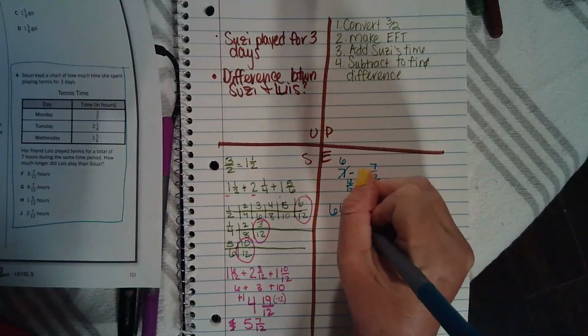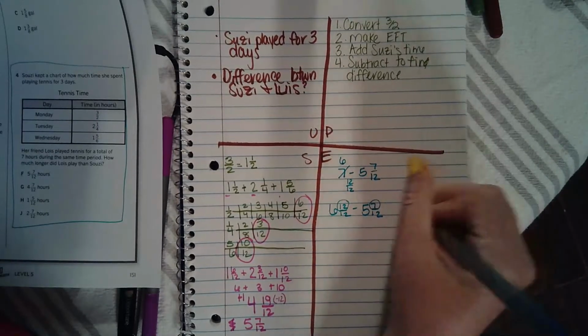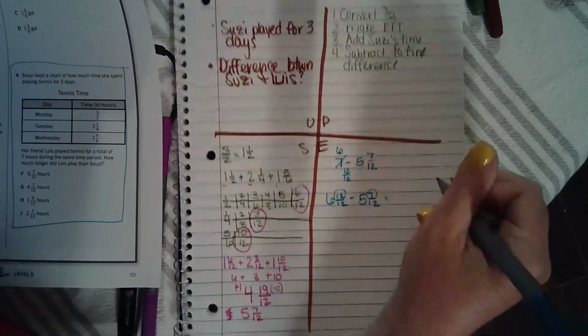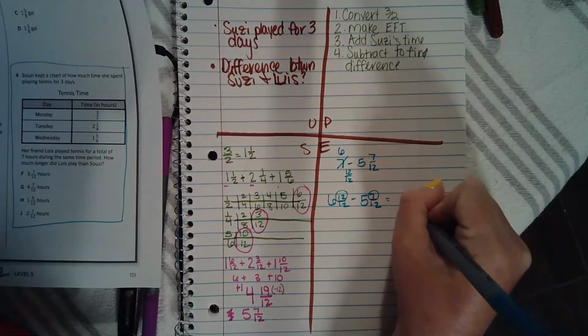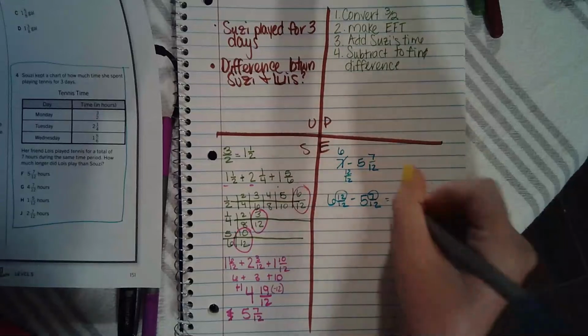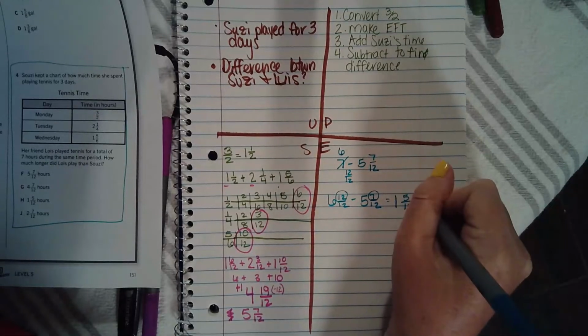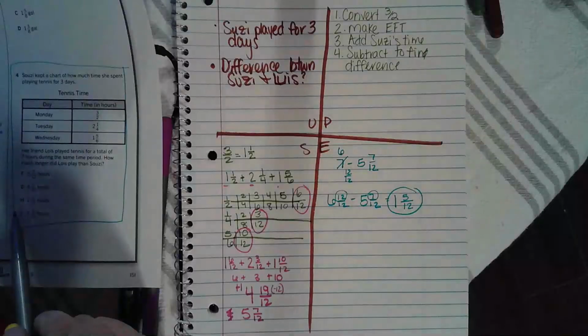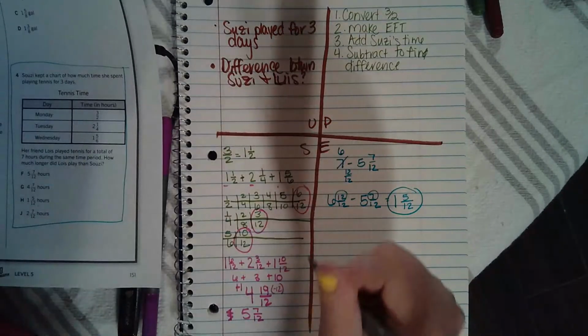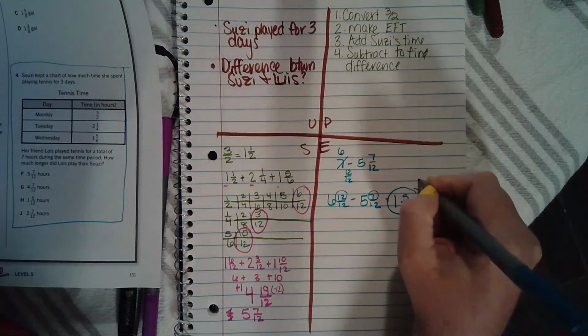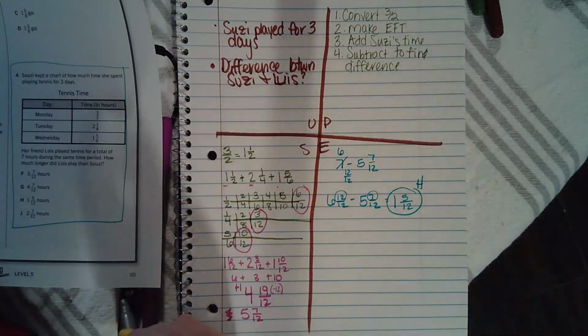Okay, subtract your fractions first. 12 minus 7 is 5. Your denominator is still 12. 6 minus 5 is 1. So 1 and 5/12, which you see here, over here for H, is the difference between Susie and Lewis.